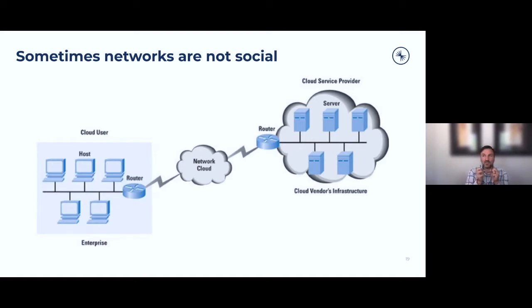How do I ensure that my data from on-prem is reliably transmitted, even in the face of outages and other things, into a cloud or multiple clouds, and vice versa? How do I ensure that data generated in the cloud can be made available back to on-prem clients?